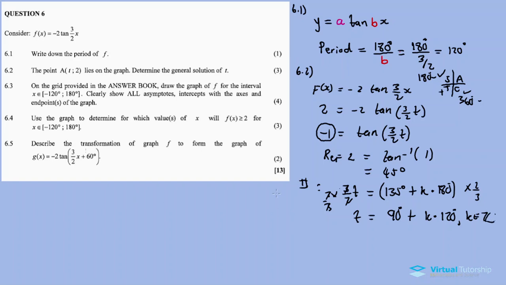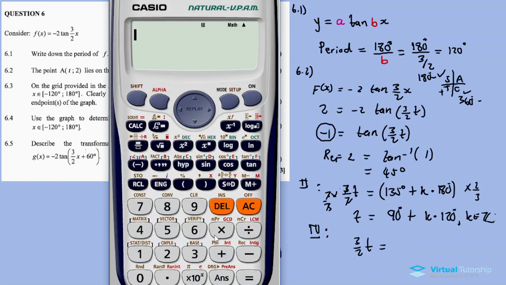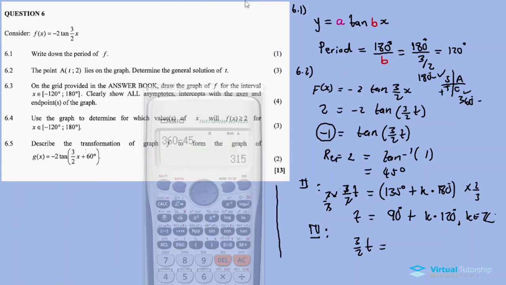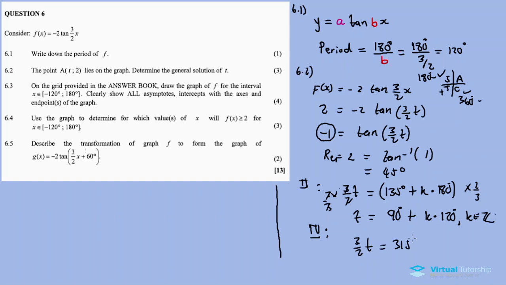Therefore we do the same thing for the fourth quadrant. So in the fourth quadrant, 3 over 2t equals 360 minus 45 degrees, which is 315 degrees, plus k times 180 degrees.